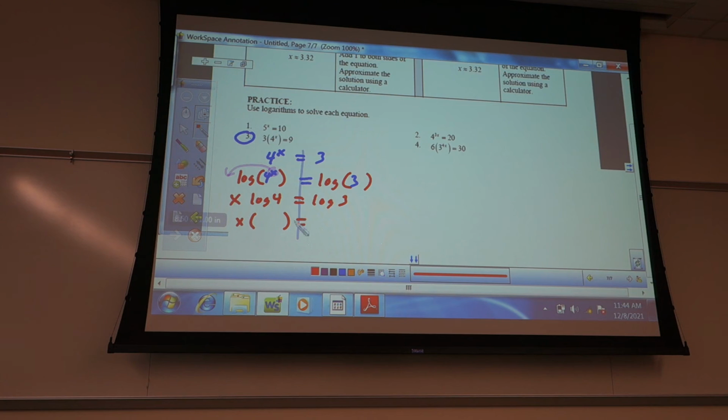Log of 4, I get 0.602. Log of 3, give me at least 3 sig figs. 4 is probably better, but 3 is good. 0.477.